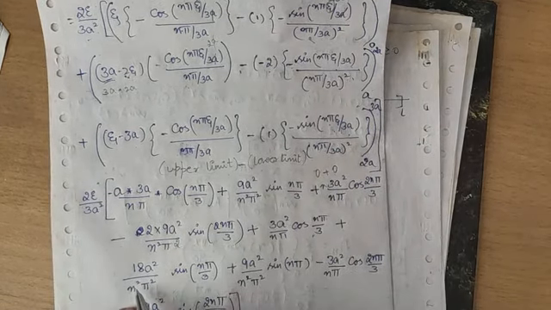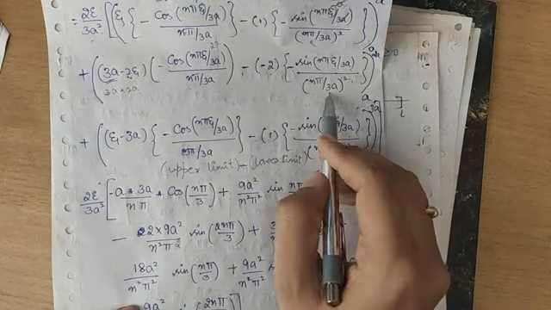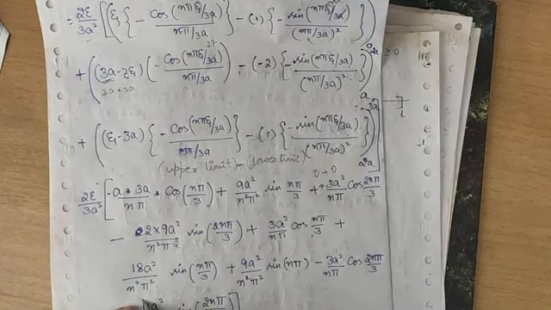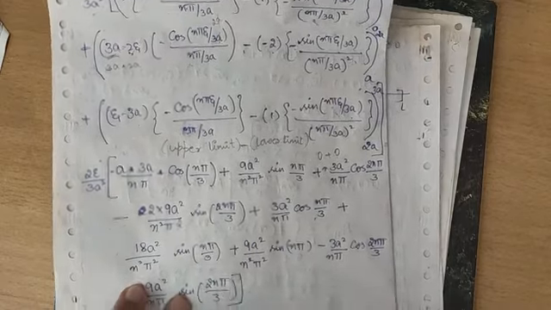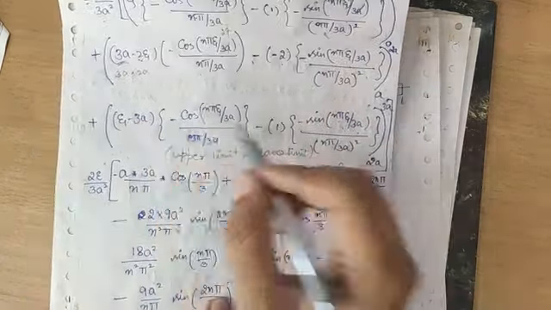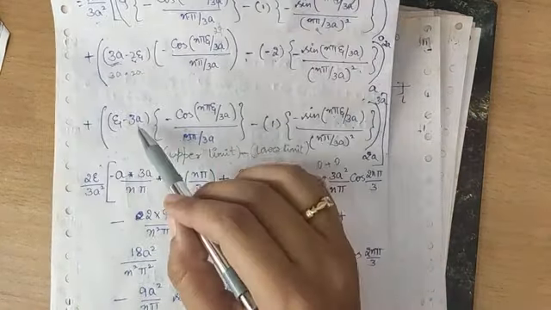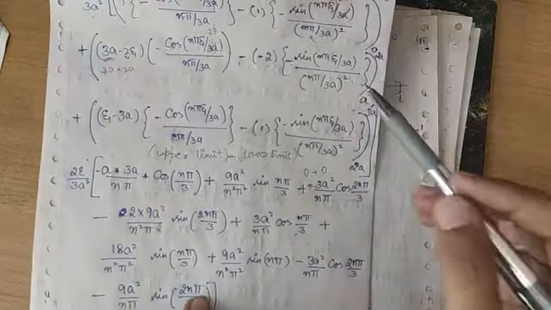So you will get 18. 18 means 2 into 3 square is 9, 9 2s are 18. a square by n square pi square into sin n pi by 3. Consider this term now. Upper limit is 3a. 3a minus 3a is 0. 0 into anything will be 0.